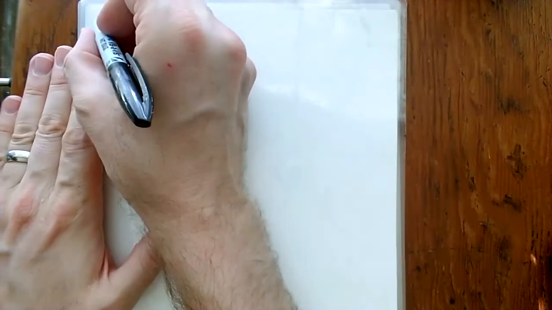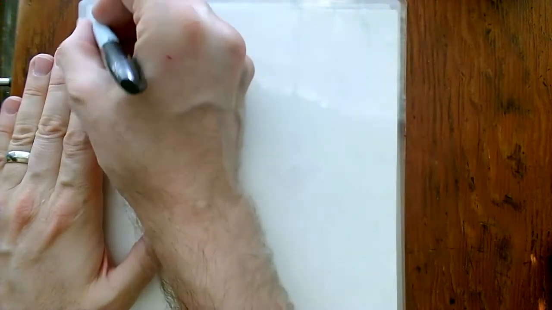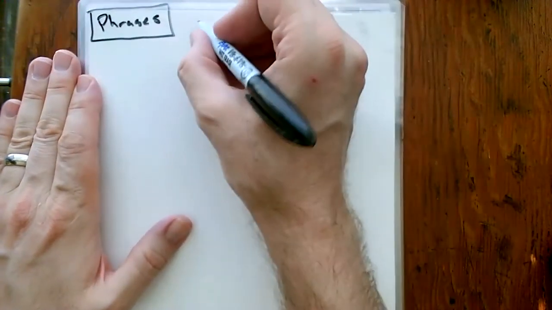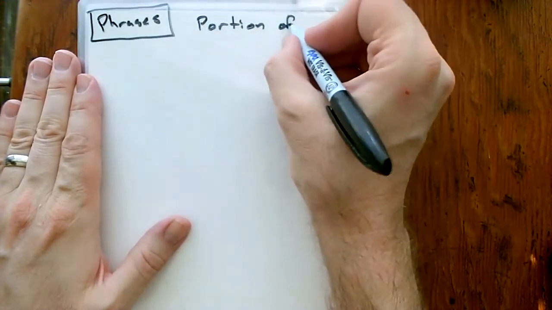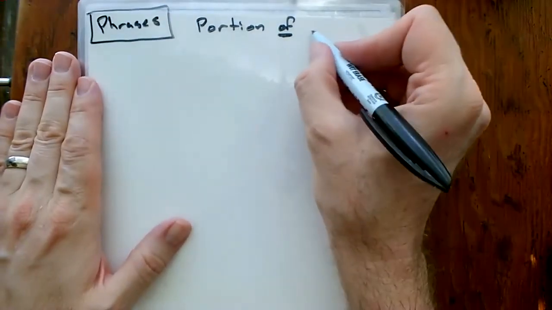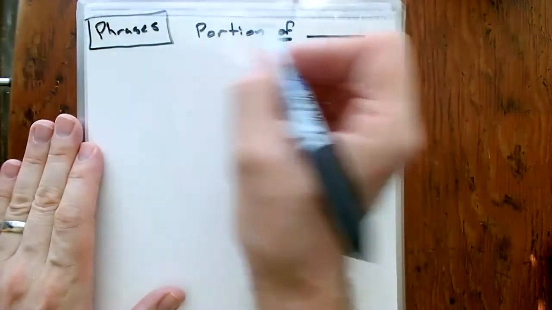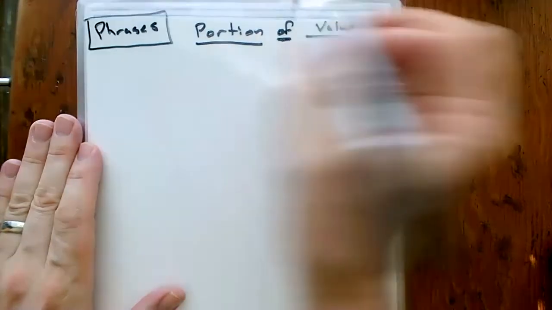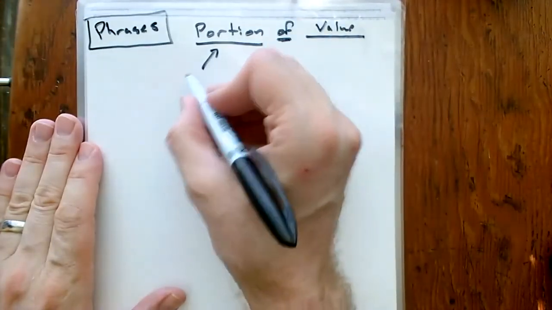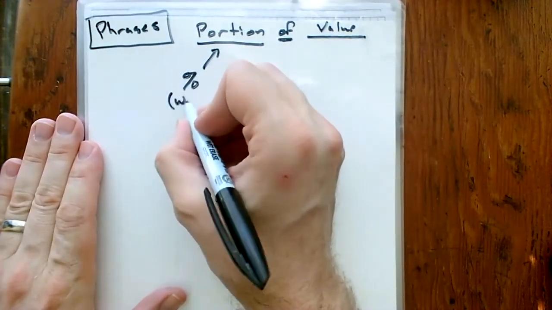Another very important phrase when we're looking for our phrases is what I think of as portions. Portion of something. Frequently what you're going to have here is a portion of a value. This portion could be a percent, and if you do have a percent here, remember to write it as a decimal.